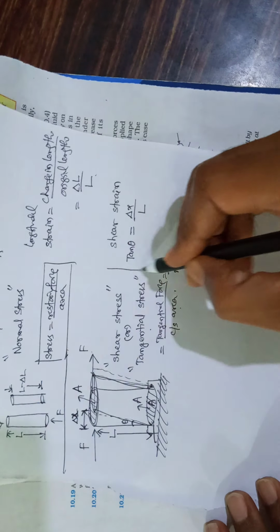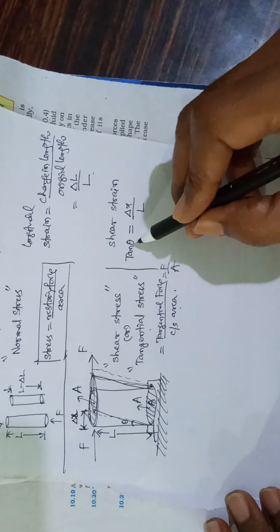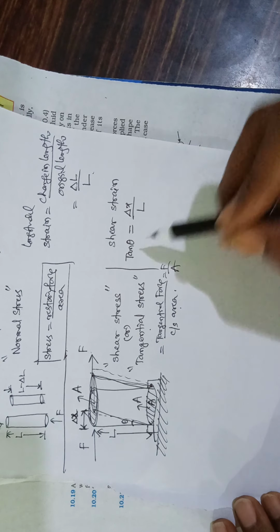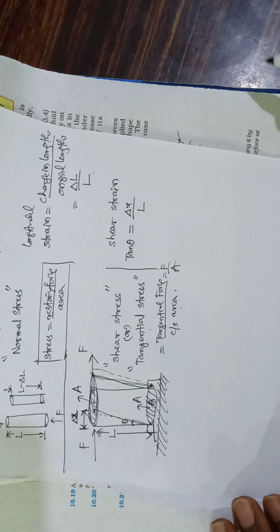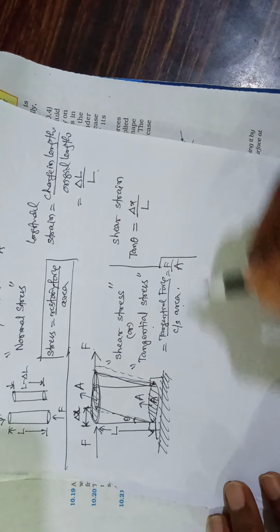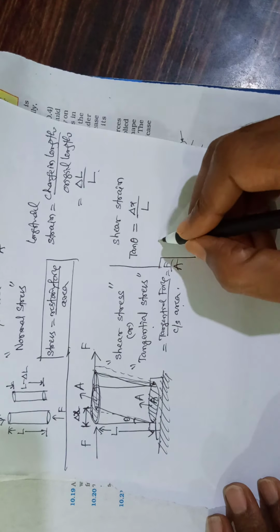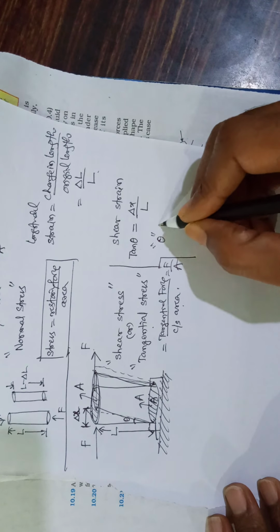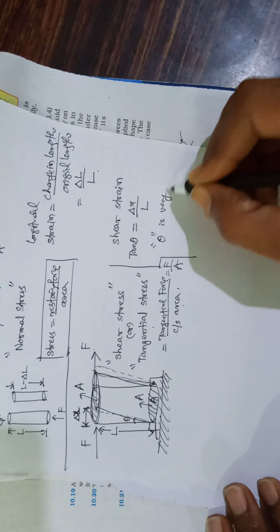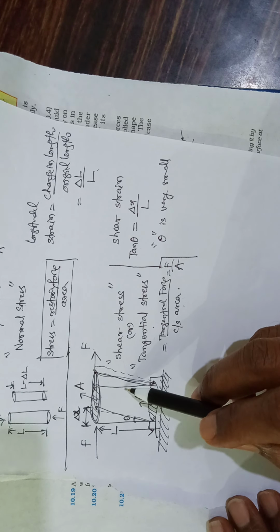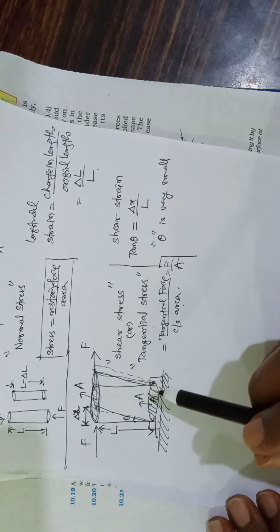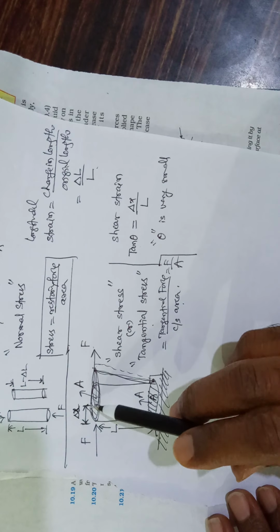So you can define shear strain as tan theta also, because tan theta gives you delta x by L. And generally the angle theta is very small, because this is a rigid body. If you apply force, you can't find this much displacement.